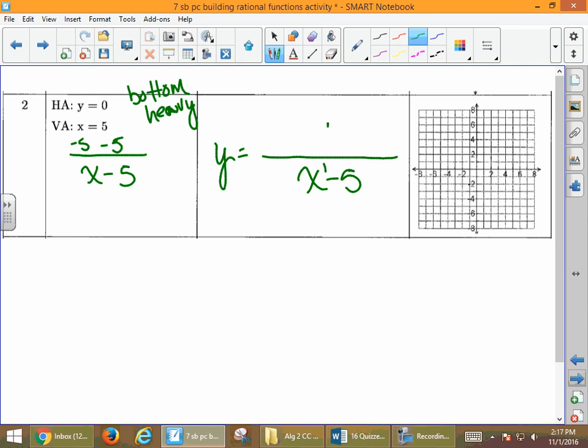And again, 1 can be any number, but 1 has a degree of 0. So that makes this a bottom-heavy function, so we have a horizontal asymptote at y equals 0. Nicole, a little bit better?